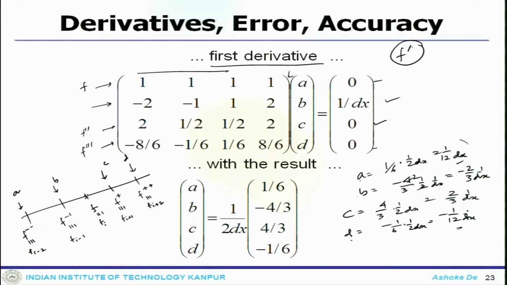So you are trying to find the derivative of fi, taking 2 points ahead of it and 2 points behind it. Essentially, this is a centered derivative. That is why you have equal weights of A and D, but opposite in sign, and equal weights of B and C, also opposite in sign, and then you evaluate f prime at that location.